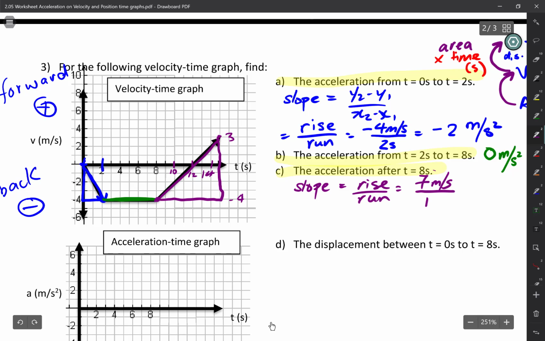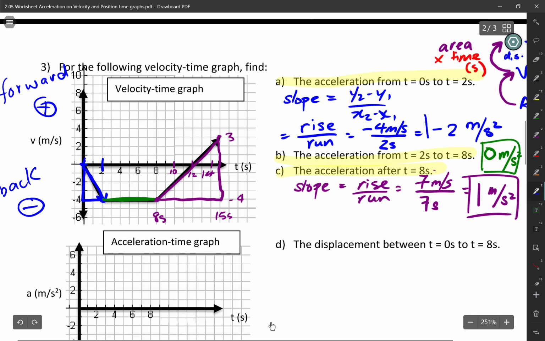So that's 8 all the way to 15. Many of you are going to make the mistake, oh, it's 15 seconds. No, it's not. It's the difference between 8 seconds and 15 seconds, and that is 7. And that works out very nicely. 7 divided by 7 is 1 meters per second squared.